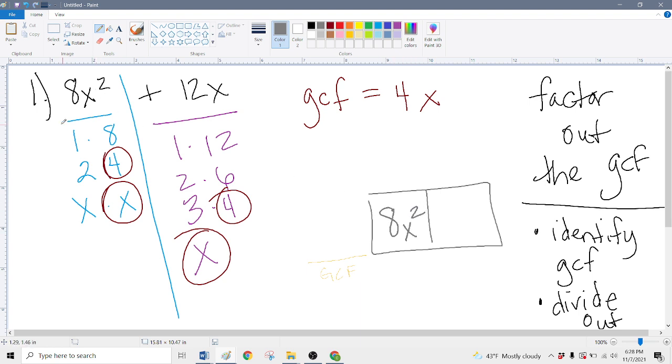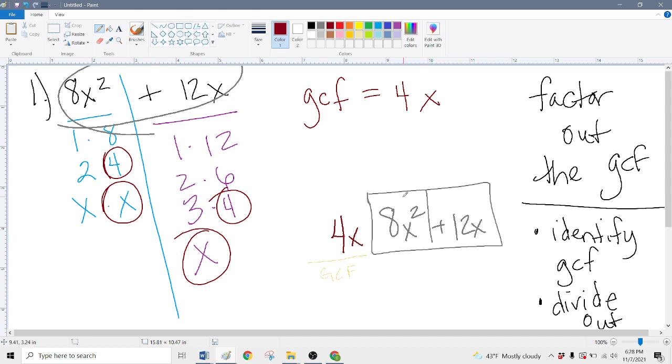Now again, this is our original problem here. 8x squared, and then that plus 12x inside a 2 by 2 box. On the outside and the front, we're going to put that GCF that we just found. So we know that between these two terms, here's our GCF. And now we're going to divide it out of our terms here.